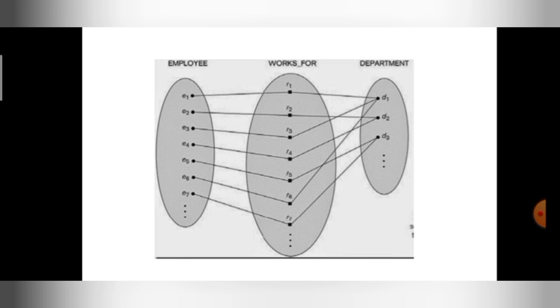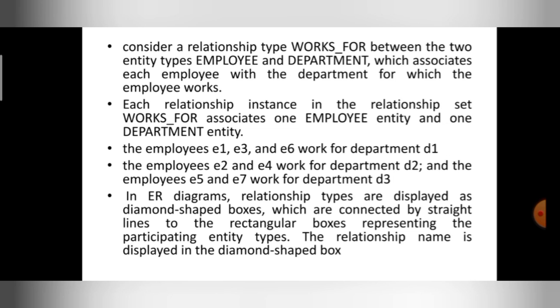You can see that employee E1, E3, E6 work for department 1, employee E2, E4 work for department 2, employee E5, E7 work for department 3. Employees can work for multiple departments.